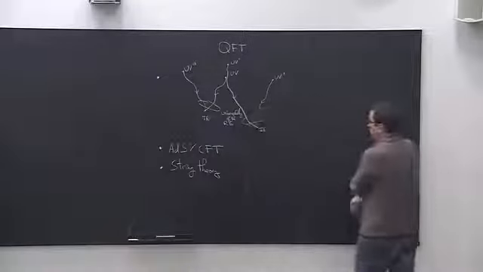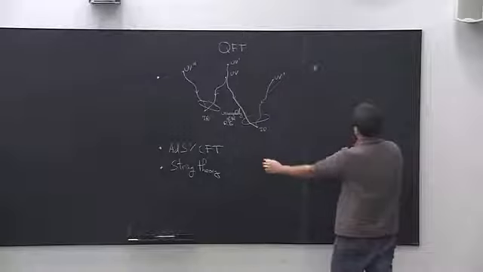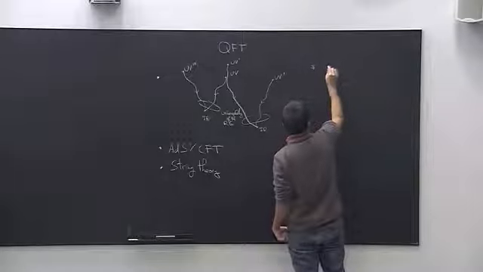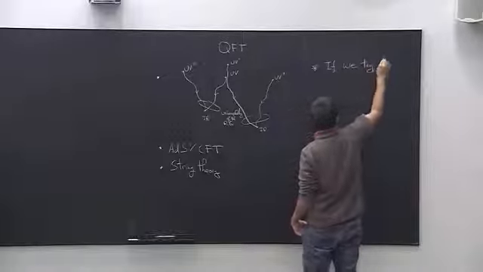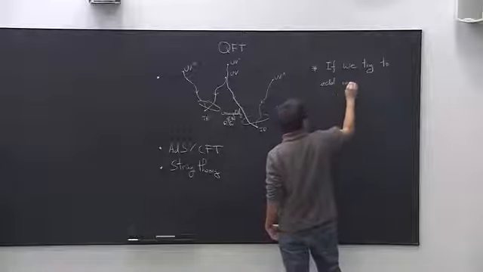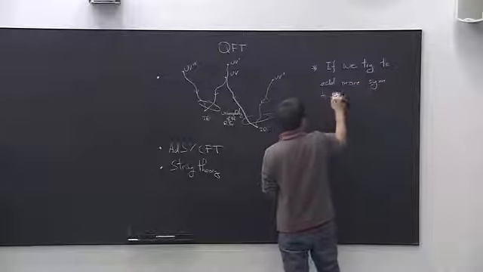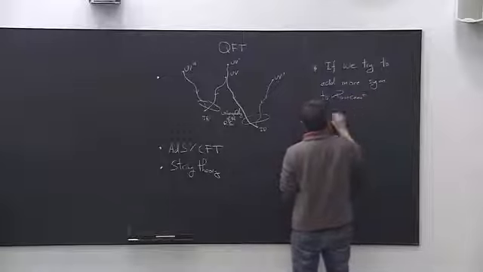And what I said we would do next is understand yet another motivation, which is: let's see what happens if we try to add more symmetry to what we already have, that is, to the usual Poincare, but not too much.